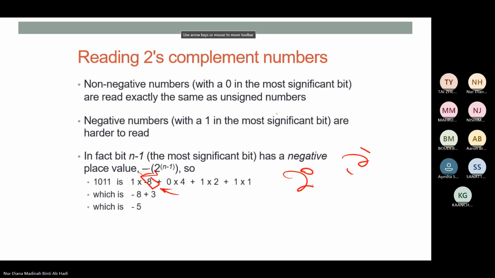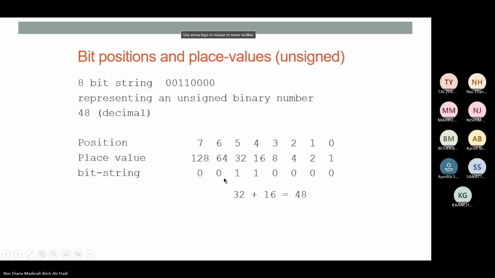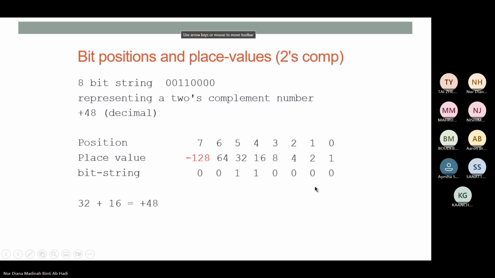The bit position and place values are the same as in the previous slides I taught you. We have positions 0 until 7, with place values 1, 2, 4, 8, 16, 32, 64, and 128. You put the bit string in the relevant columns, then convert and add, and you will get the values.